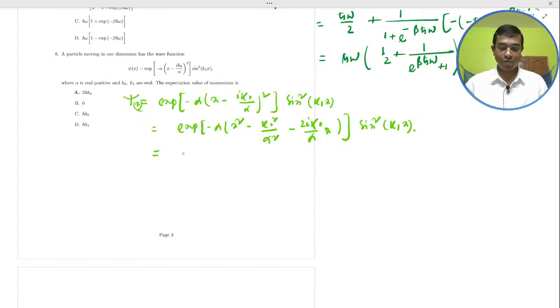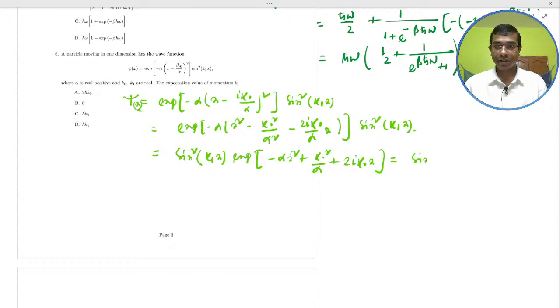So this is equal to sine square k1 x exponential of minus alpha x square plus k naught square by alpha plus 2i k naught x.